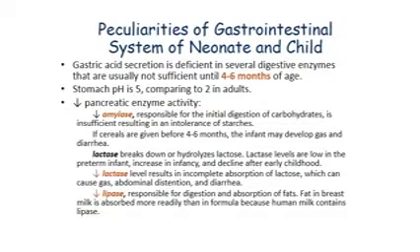So gastric enzymes are low, digestive enzymes are low until the age of around 6 months. The stomach pH is 5 compared to the adult, which is 2, which means that less hydrochloric acid, less acidity is present in the baby's stomach, which means lower digestive ability.